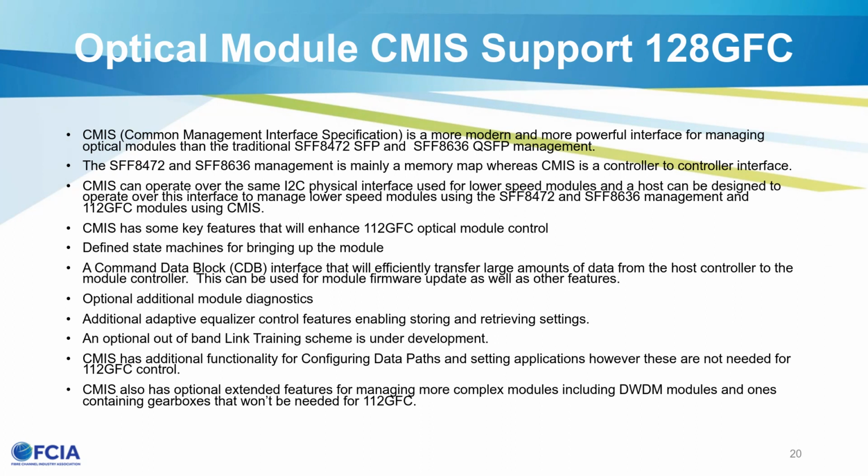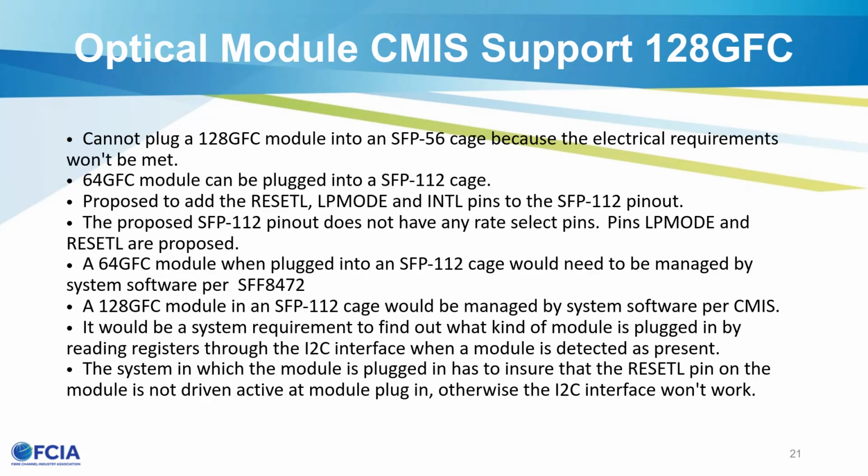Because what happens then, if you do a misadaptation, you have to do a link reset, which nobody wants to do. So I think this is key, and these type of things are lessons learned from 64 GFC.